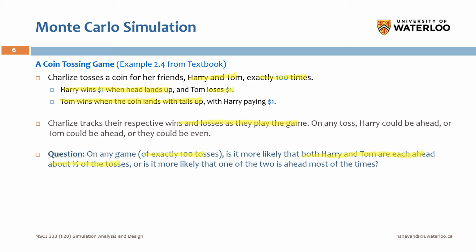Or is it more likely that one of the two is ahead most of the time? Do we expect to see exactly the same numbers, I mean, half of the tosses that Tom is ahead or Harry is ahead, or is it more likely that one of the two is ahead most of the time?